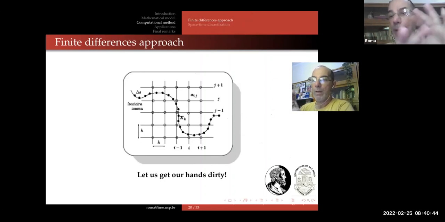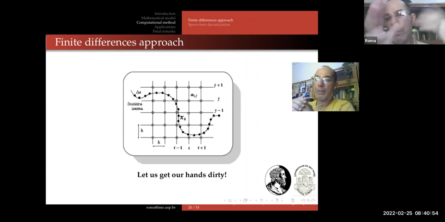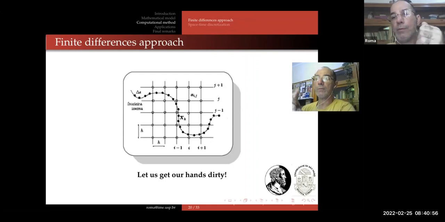So I set up a mesh, and the unknowns you can locate wherever you want. In this particular example, just to show you a little bit how this is done, I am using the crossings of horizontal and vertical lines.